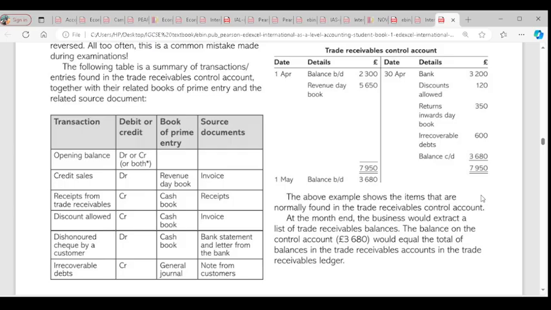Then the dishonored check will also be on the debit side. On the credit side are all the transactions that involve your credit customers. The payment made by the credit customer, discount allowed to the credit customer, return inward by the credit customer, that means sales returns. The irrecoverable debts are from the credit customer also. They are all going to be on the credit side. Okay. Is it clear, please?